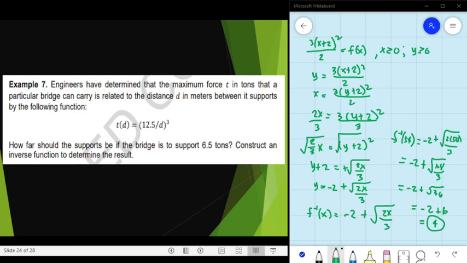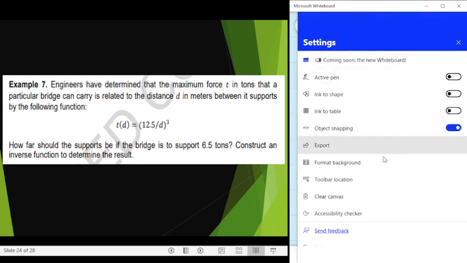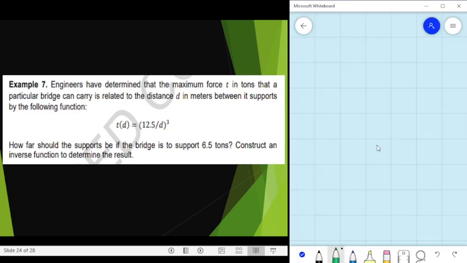Number 7. Engineers have determined that the maximum force T in tons that a particular bridge can carry is related to the distance d in meters between its supports by the following function.